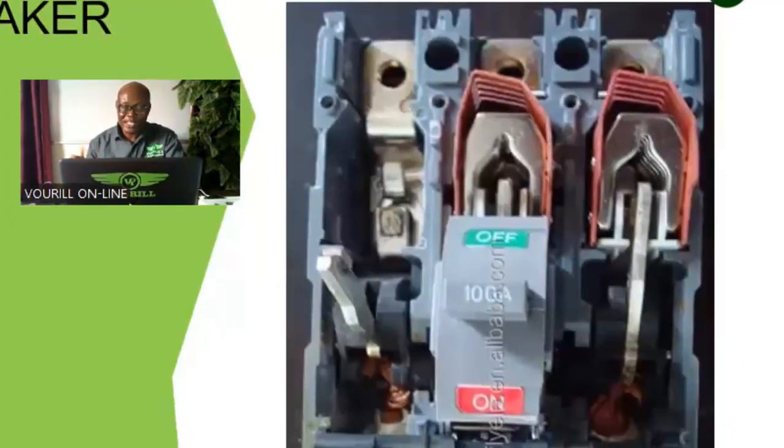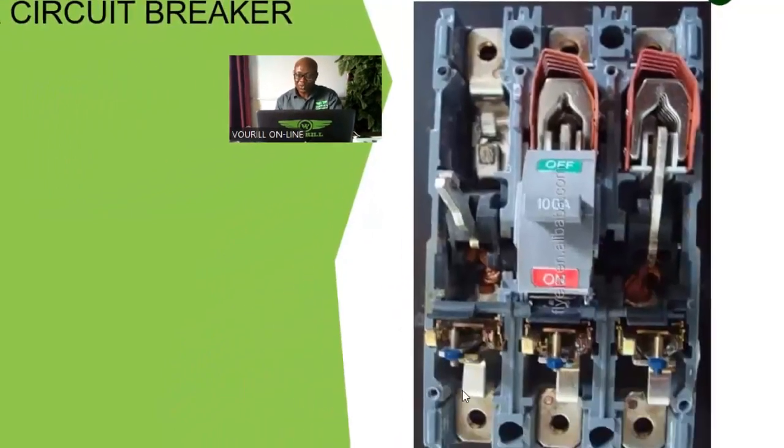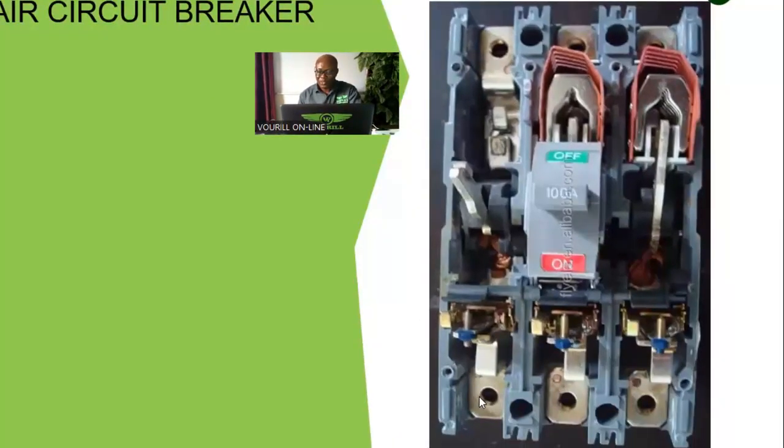These smaller segments will have lesser strength compared to the complete arc, and that will help to extinguish the arc, okay? So if this is your line side, it goes through the contact to your load side. We have both the thermal and the magnetic operation mechanism attached to this end of the circuit breaker, okay? So this is the air circuit breaker.